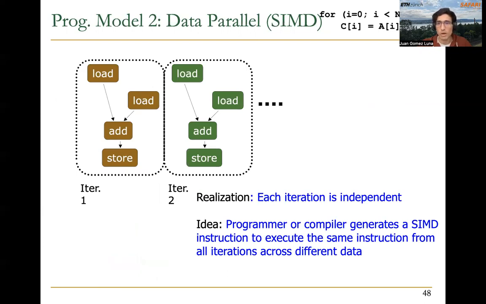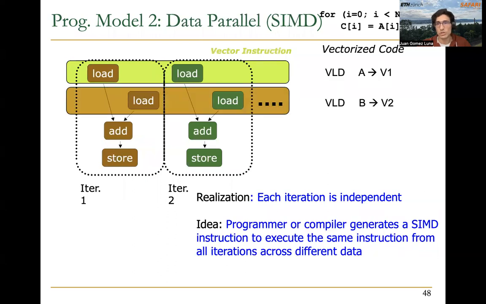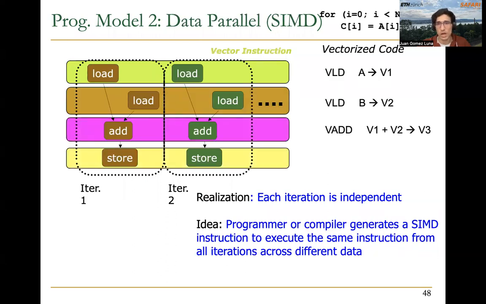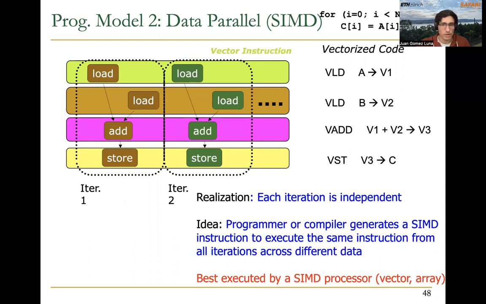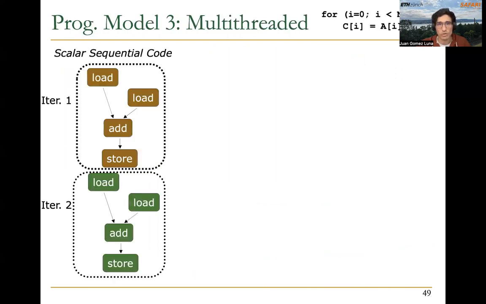And a programmer or a compiler could generate a SIMD instruction to execute the same instruction on multiple data elements at the same time. So this is one vector instruction, this is another vector load, this is a vector add, and this is a vector store. And these can be executed on a SIMD processor, either a vector processor or an array processor.